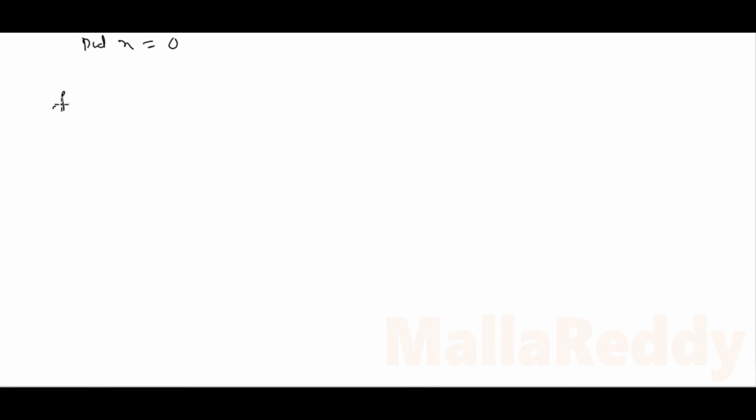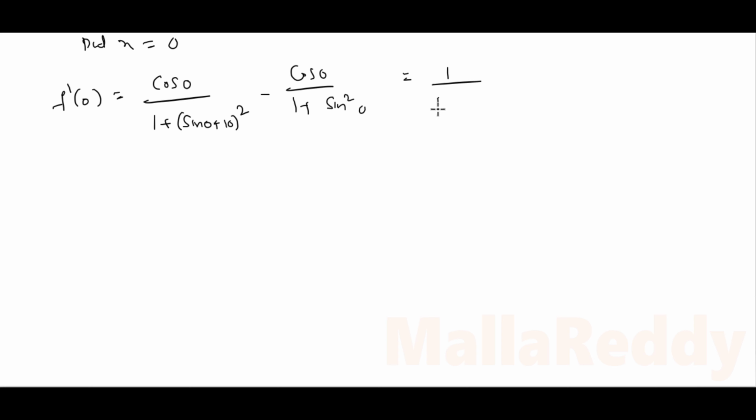That is f dash 0 is equal to cos 0 by 1 plus sin 0 plus 10 whole square minus cos 0 by 1 plus sin square 0. Cos 0 is 1, sin 0 is 0, that is 1 by 1 plus 10 square, that is 100, minus 1 by 1 plus sin 0, that is 1 by 1, equal to 1.